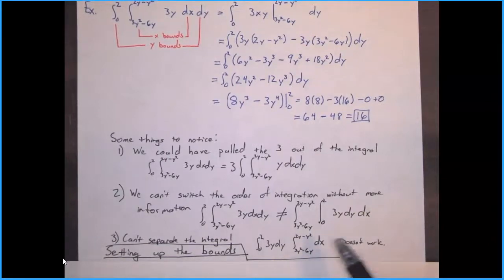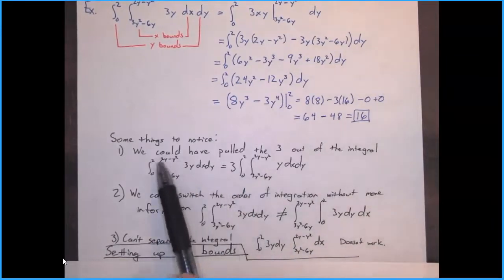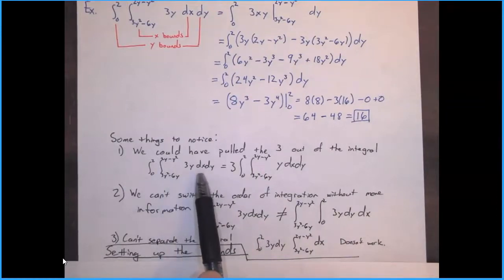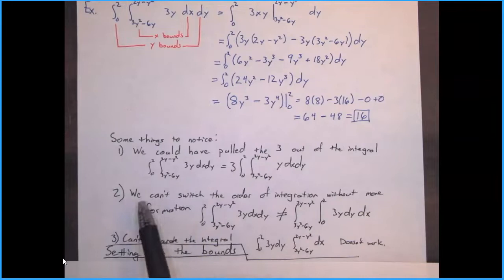No, this doesn't work for the same reason switching the order of integration doesn't work. Because if I evaluate this integral, I still get, I think it's 6, whatever I said this was. And if I evaluate this integral, I'm going to get a function of y. I'm going to have y's in my answer. So for these, if you have variables in your bounds, you have to actually integrate with respect to one variable and then the next variable. You can't separate it like we could in the last section.